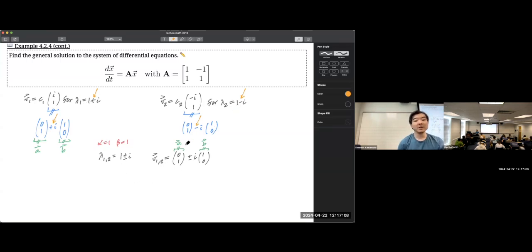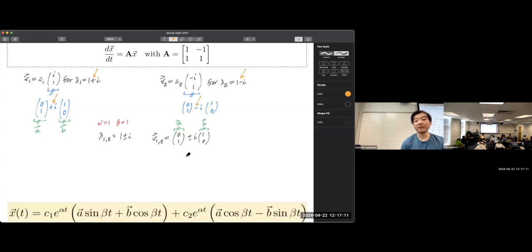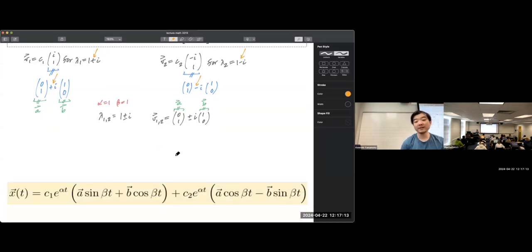The same idea. So you have vector A is your real part, and vector B is your imaginary part. And then this is the copy of the formula for the solution, so you just have to put it in the spots. The solution vector X is going to equal C1 e to the alpha, which is 1, so e to the t, times the vector 0, 1.